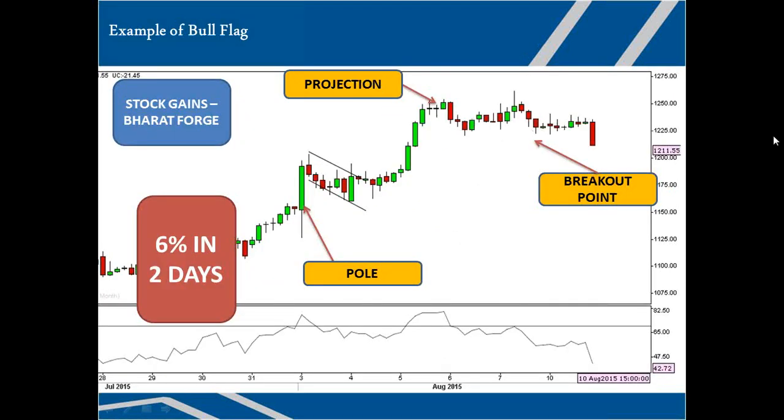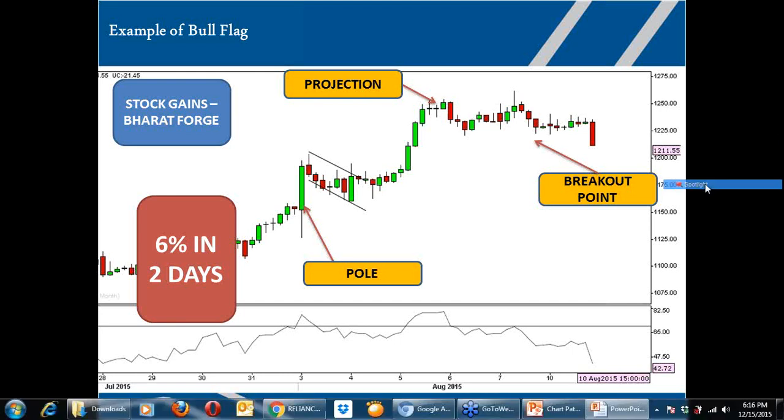And then out here you can see a flag. There's a breakout point, and then you can see the breakout which is emerging towards the intended target.